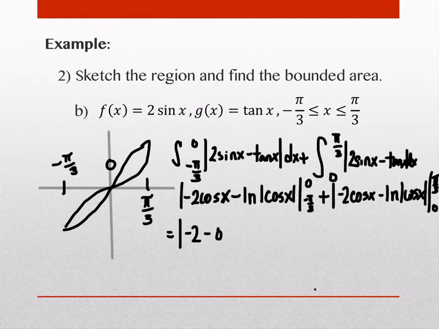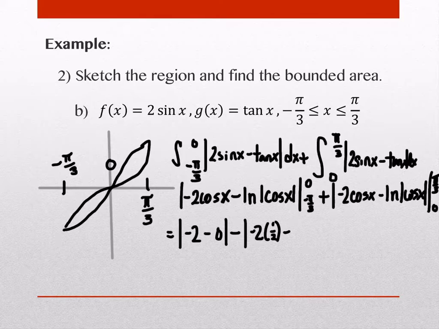This is minus 0. So then minus, and now I'm going to plug in pi over 3. That one's harder. Okay, so what's the cosine of pi over 3? It's 1/2, and then it's times the negative 2 that's out there. So this is negative 2 times 1/2.